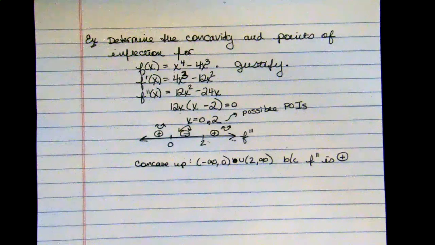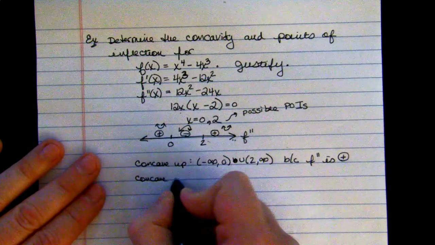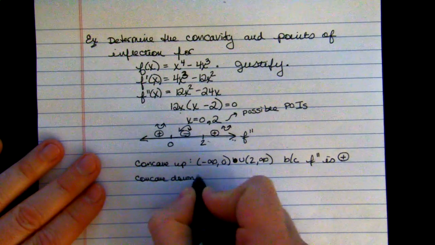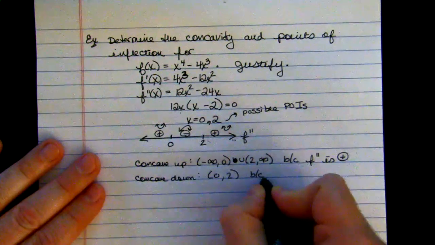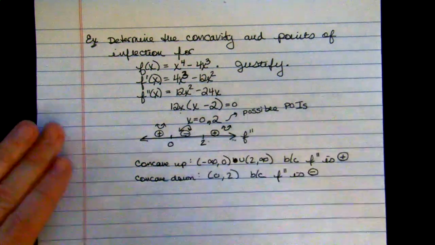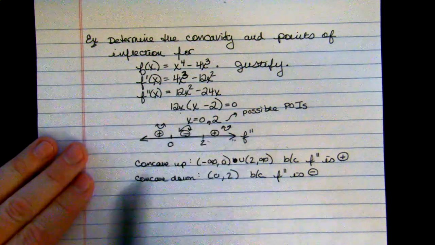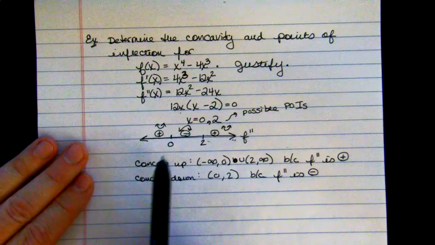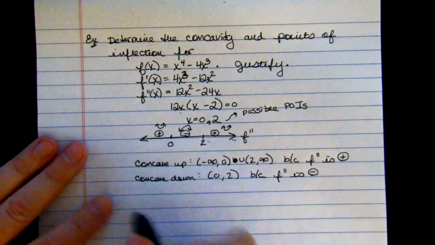Go fill in your concave down. I'm concave down between 0 and 2, because f double prime is negative there. 0 and 2 are possible points of inflection, but I'm saying that they're actually points of inflection because concavity is changing at those x values.